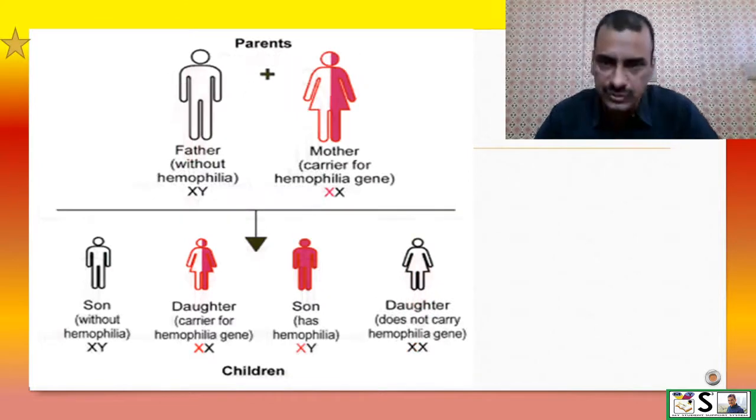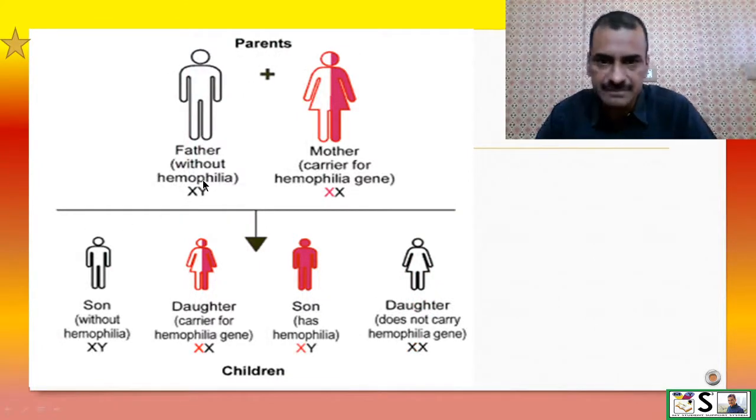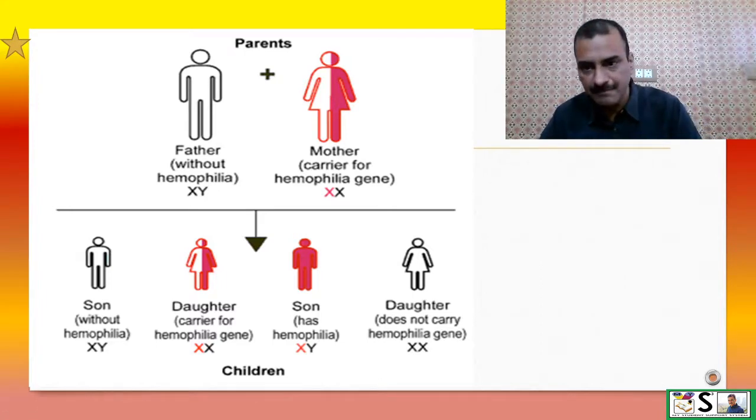In another scenario, when the father is healthy, no hemophilia, and the mother is a carrier, then what will be the condition? Here this X chromosome will meet this X chromosome, then the daughter will be a carrier, and this chromosome will combine with this chromosome, so the daughter will be healthy.